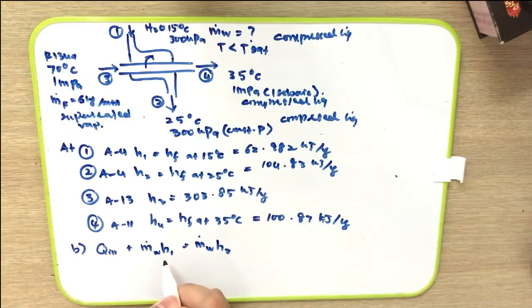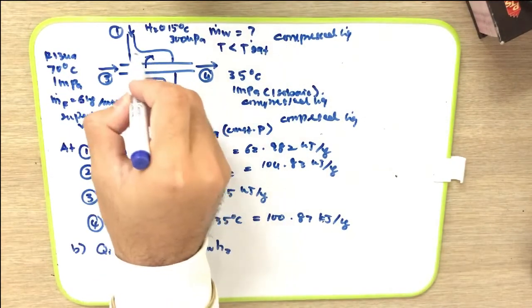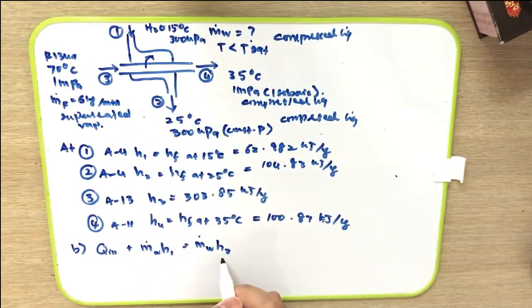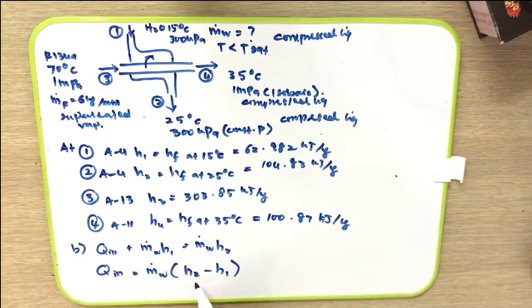H1 is the inlet into this stream, and the outlet from this stream is the enthalpy at 2. Because we have found the H1 and also H2, we can find the Q in. Before that, we rearrange this equation. Next, we just substitute the H2 and also H1 and also the MW that we have found in question A. So after we substitute, we will get the answer for Q in is equal to 1218 kilojoule per minute. So that is how we solve question number 4.